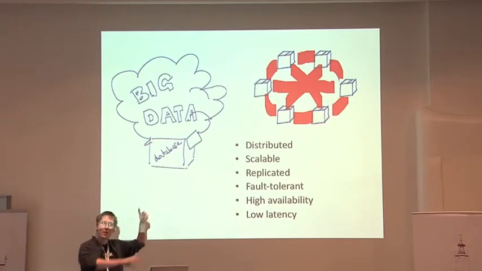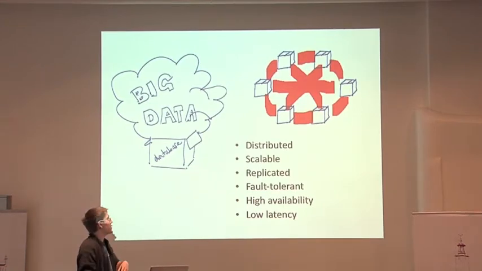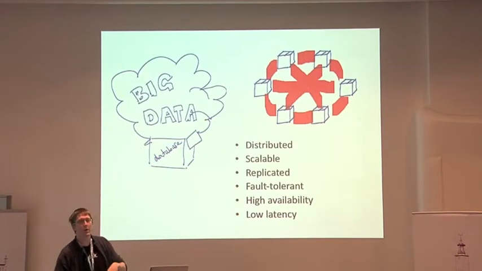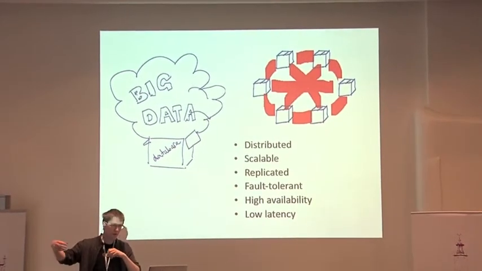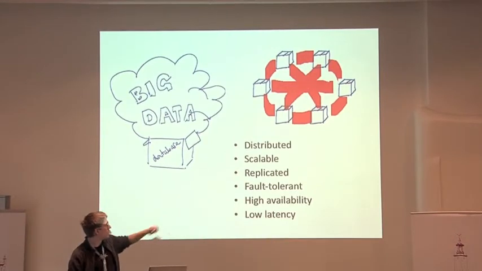You typically replicate the data so that each piece of data is stored on a number of machines, which means you get fault tolerance and low latency. If one machine goes down, you have the data on some other machines as well. High availability, the same.